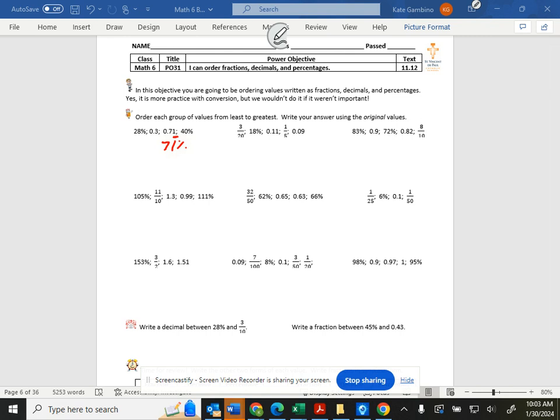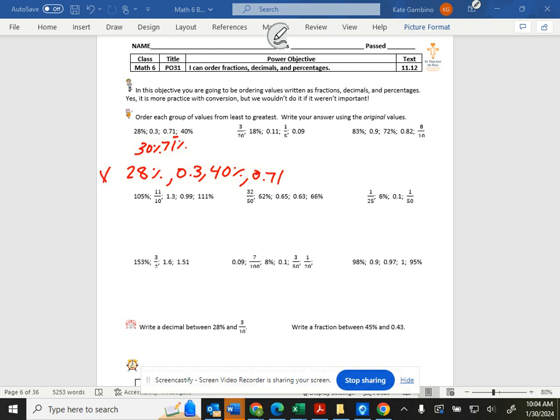0.3. What percent is that? Madeline? 30%, because we want to go out to that 100th place. So now I can look: 28%, 30%, 71%, 40%. So I'm going to say, okay, putting them in order, we've got 28%, 0.3, 40%, and 0.71.